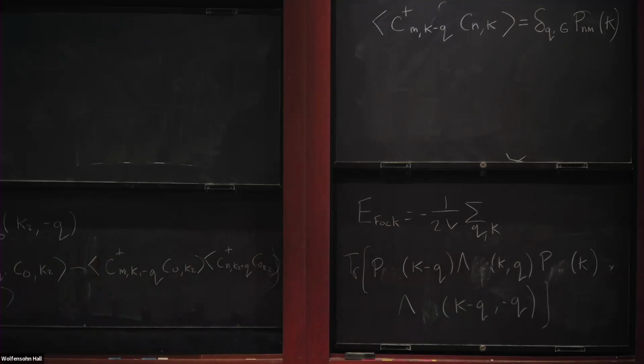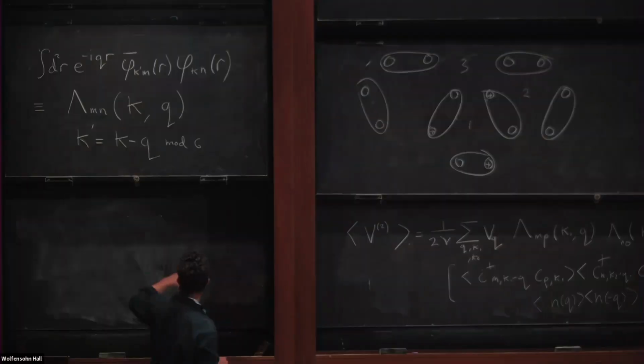Okay. So now let's make this a bit more precise. To do it, we're going to take the low q limit of the form factor, because it turns out it takes a very nice structure in that case.